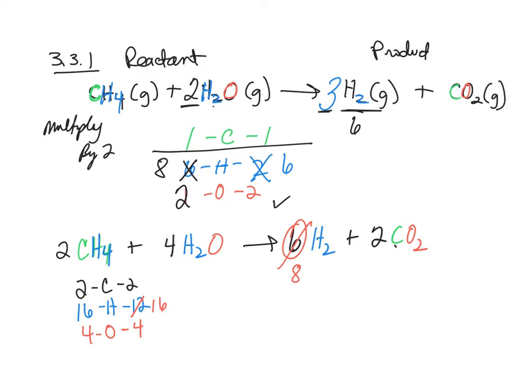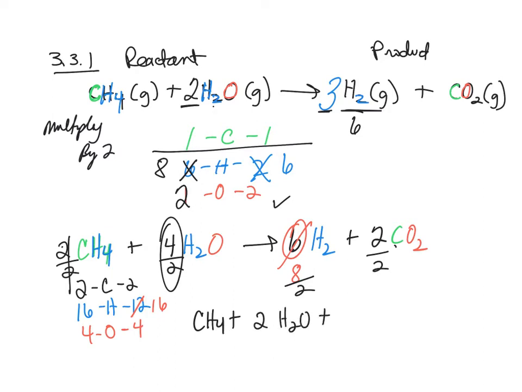Okay, so now I just think those whole numbers are easier. And then we want to reduce the lowest term. So let's divide 2 through. And then rewrite it. So 2 divided by 2, CH4, 4 divided by 2 is 2 waters, 8 divided by 2 is 4 hydrogen, and then 2 divided by 2 is 1 CO2.